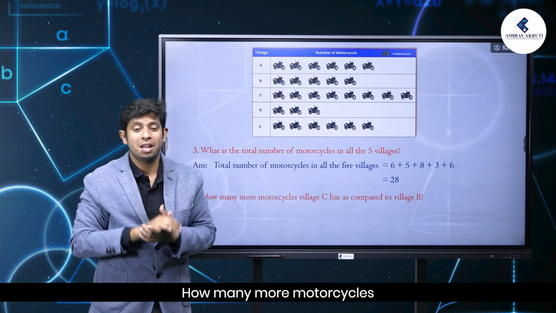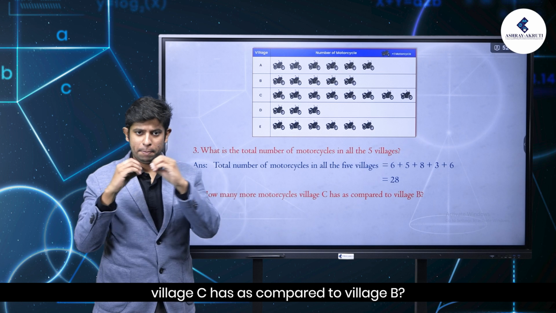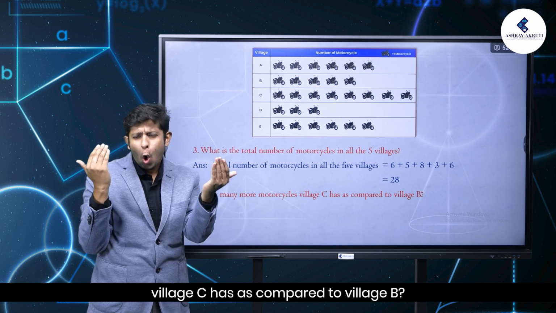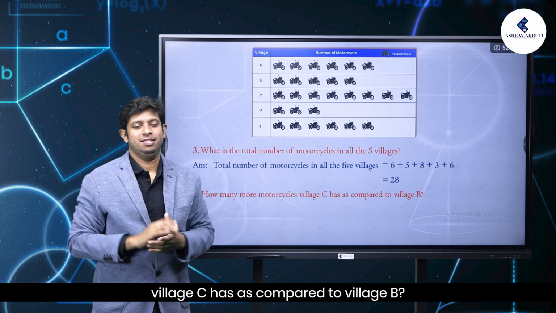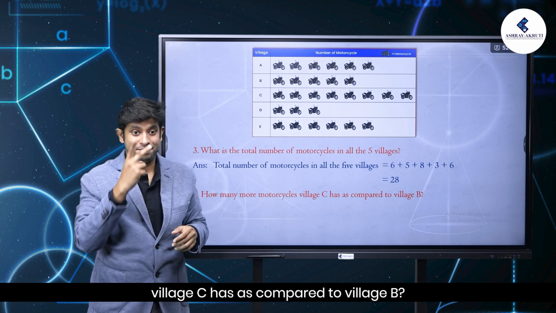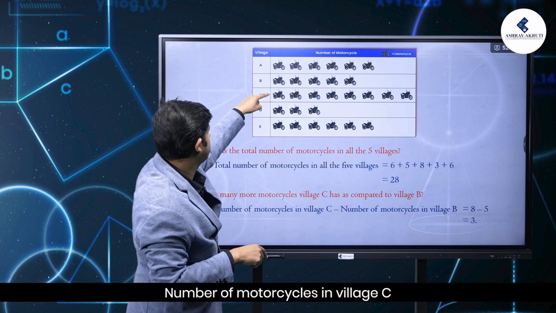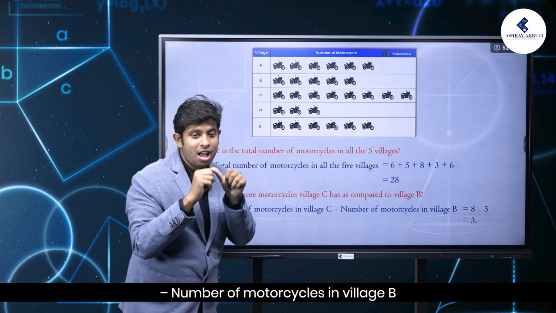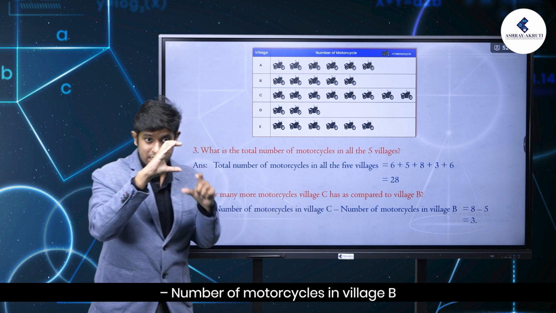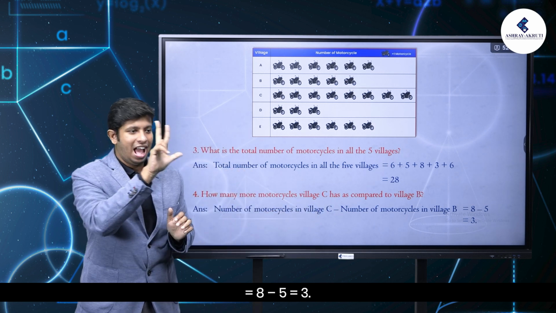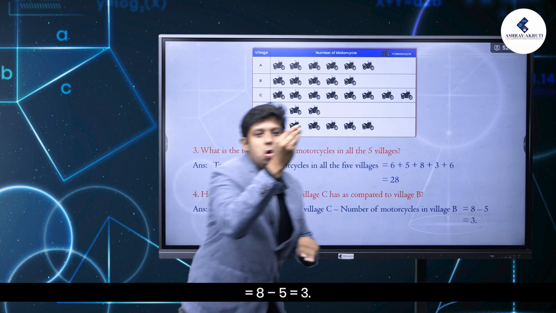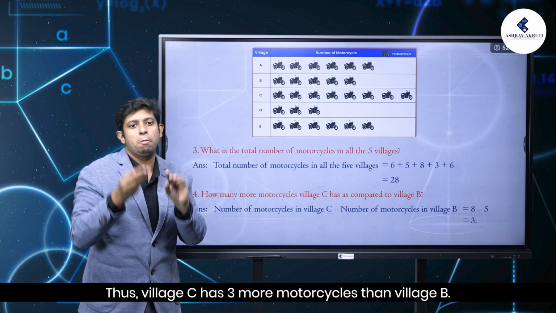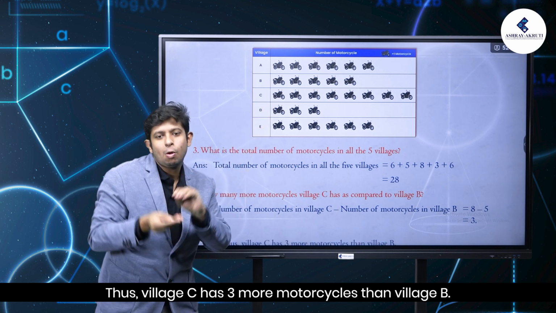How many more motorcycles does village C have compared to village B? Number of motorcycles in village C minus number in village B equals 8 minus 5 equals 3. Thus, village C has 3 more motorcycles than village B.